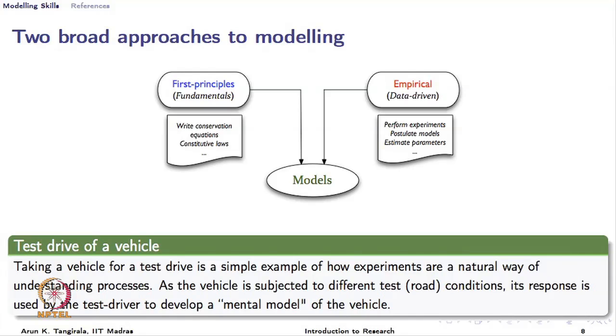So, the experimental or the empirical approach is a natural recourse, and that will continue. It is here to stay. It has been there since times immemorial, from the time man has started to build models and try to understand processes from observations. And for the rest of the lecture, we will focus on empirical approaches per se.